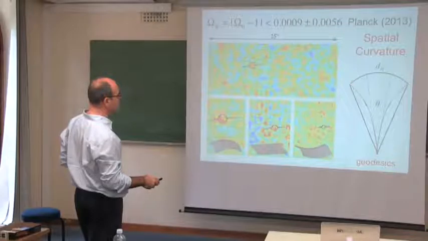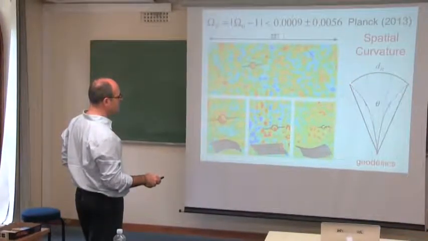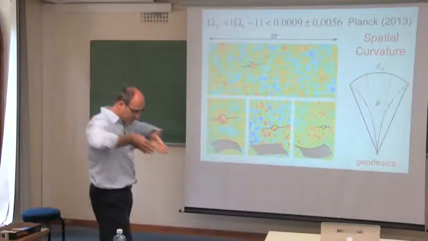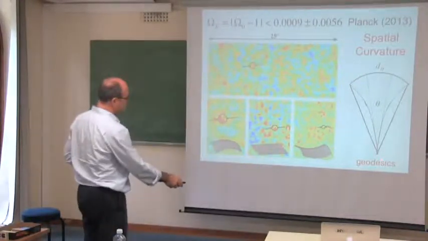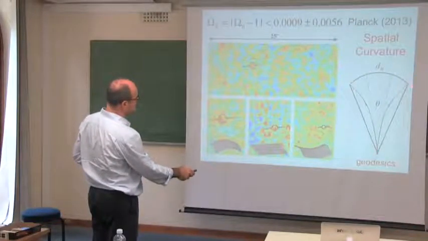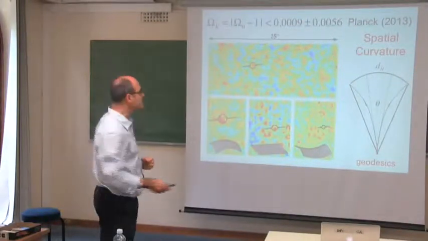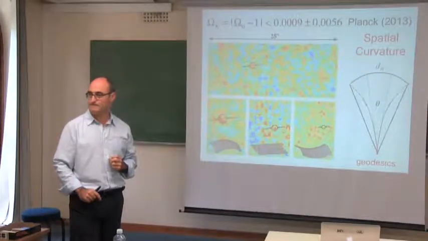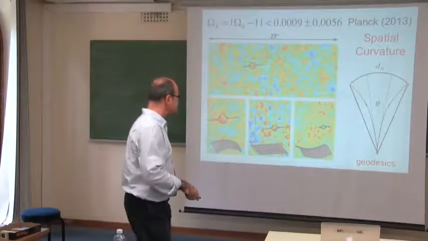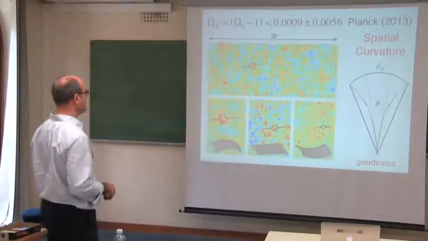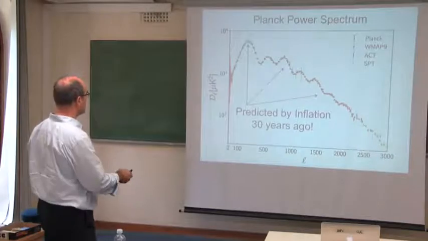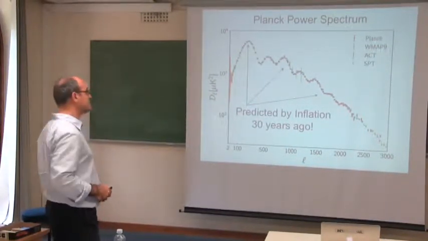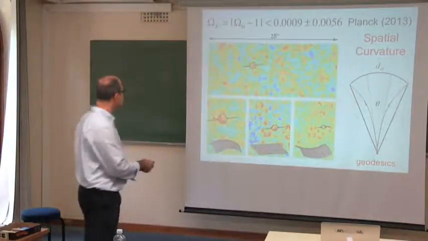If it happens that the universe, rather than being flat, were open, then photons would not travel in straight lines, they would converge inward, and when they reached us, we would have the scale corresponding to this last scattering surface projected on a much larger angle, much higher L. Therefore, one can determine from the position of the first peak, and not just this, but all the subsequent ones, what is the curvature of the universe.